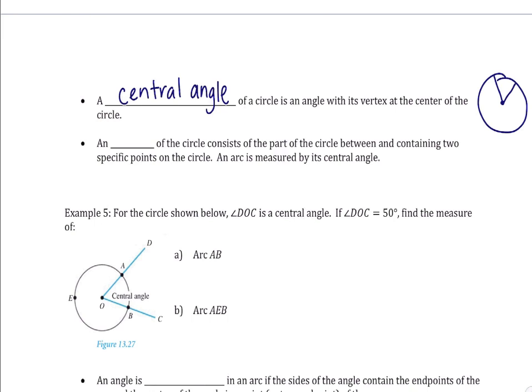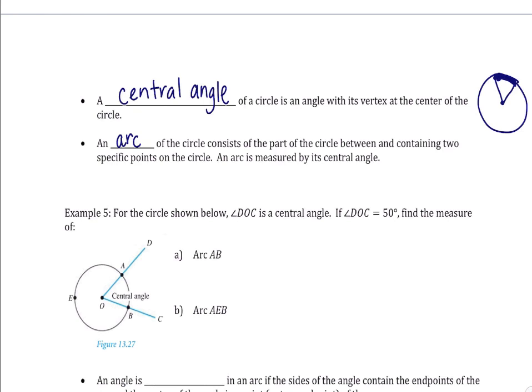We can also talk about the arc on a circle. So the arc is going to be the part of the circle that is in between the two specific points on the circle that is defined by that central angle. So notice here I shaded in a little darker the arc that goes along with the central angle that we drew.